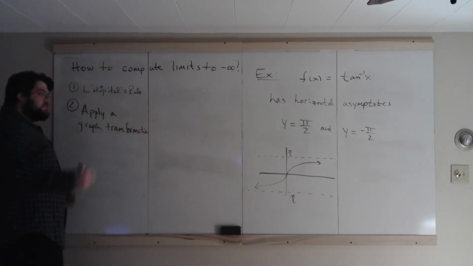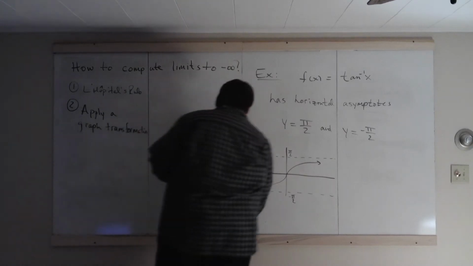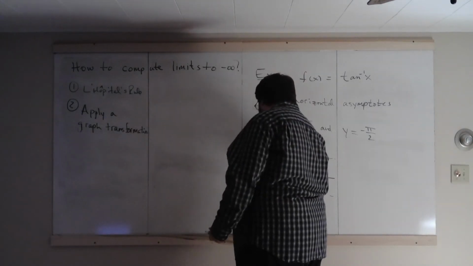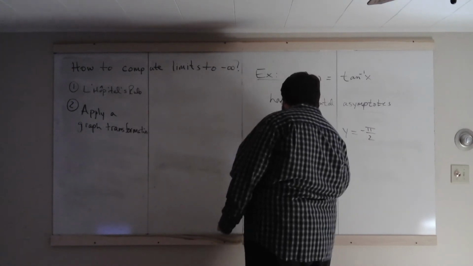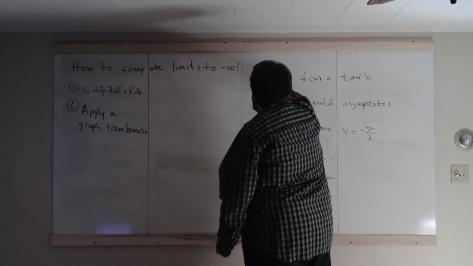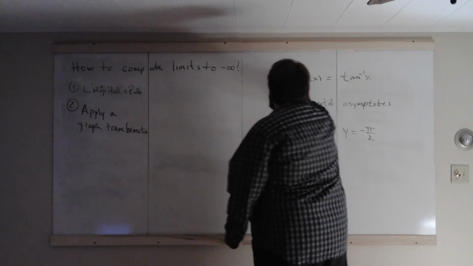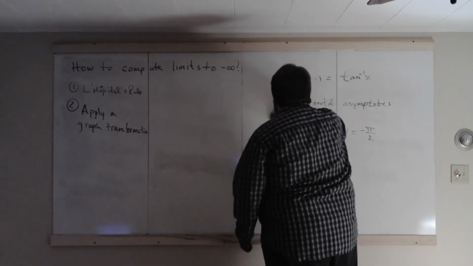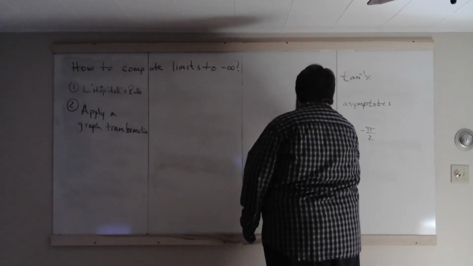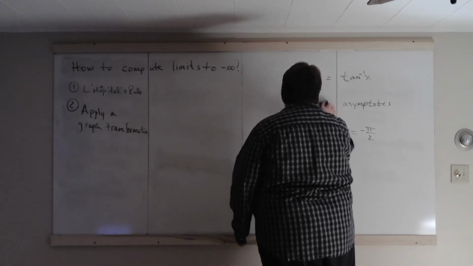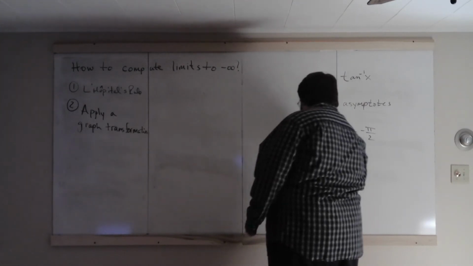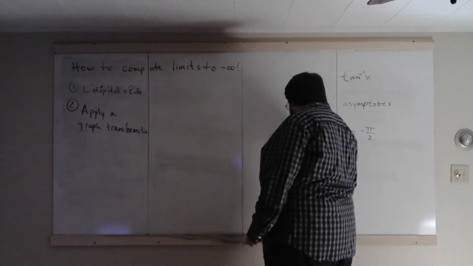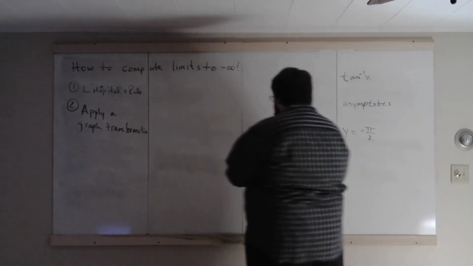Now, which graph transformation? Well, there are a lot of graph transformations you could use. Most of them will not make the computation much easier. But there is one we can use that will make our computation easier. And I think I'm going to need 2 boards to do this. So let's erase this board. So a limit to negative infinity describes behavior.